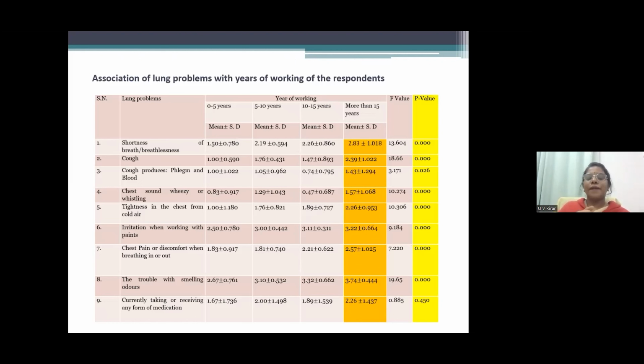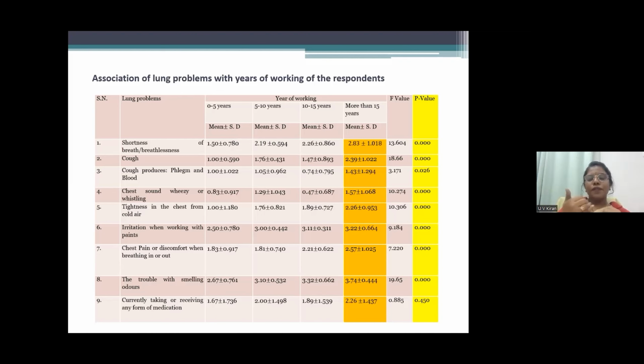When we have a look at the results, and how these lung problems are impacted by the years of working of the respondents, we can see that people who were continuously working for more than 15 years are prone to more health problems, followed by 10 to 15 years, then 5 to 10 years, and then 0 to 5 years.